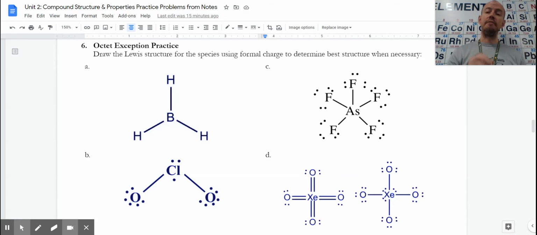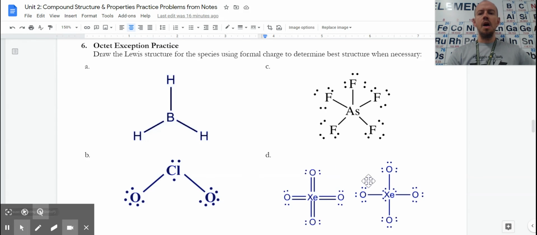It's in period 5, so it could hold 8 or more, a large enough atom with a high enough Zeff to attract those additional electrons in. But we have to make sure that we're using the right number of electrons. So we'd have 24 plus 8, it should have 32. This uses 32 here.